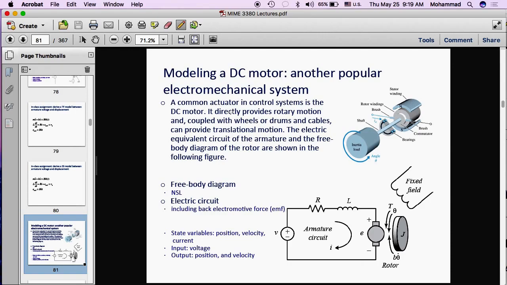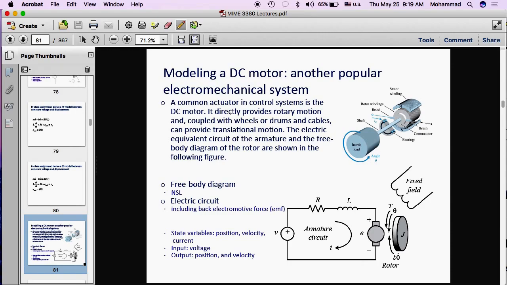So a motor basically is a collection of conductors in a magnetic field, and our intention is to create motion. We want to create a rotation at the shaft of this system.